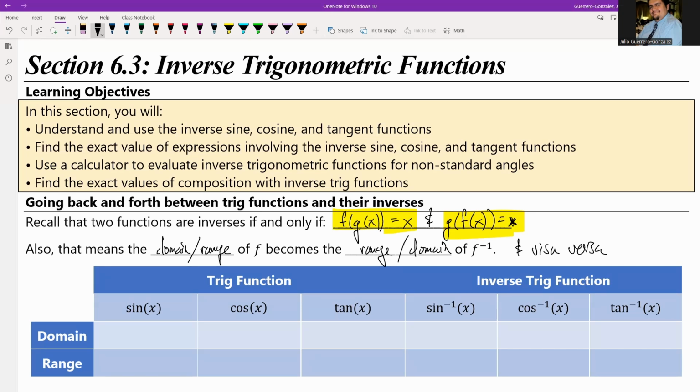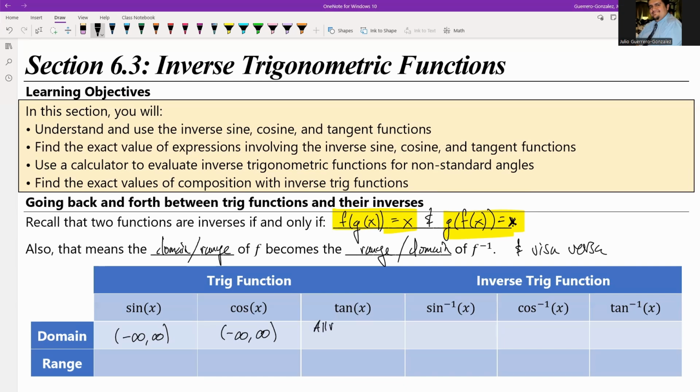So real quick, let me go through some of the domains and ranges for what we've got. You guys hopefully remember that the domain for sine and cosine, those were both negative infinity to infinity. We were able to plug in any angle we wanted. For tangent, we said it was all real numbers, basically.